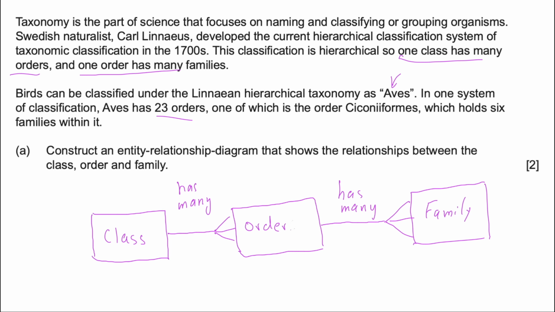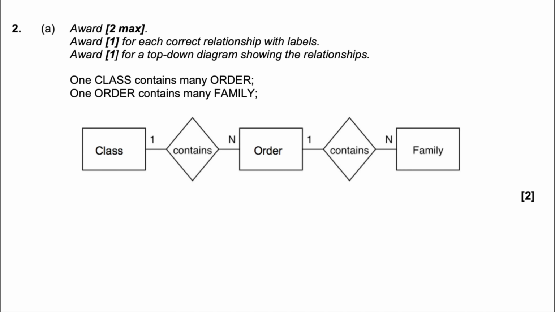And what we're going to do is look at the mark scheme, which I think has another type of entity relationship diagram. So right here it says award 1 for each correct relationship with labels, award 1 for a top-down diagram showing the relationships. Basically, you have to illustrate this. And if we look at this, this basically says class.